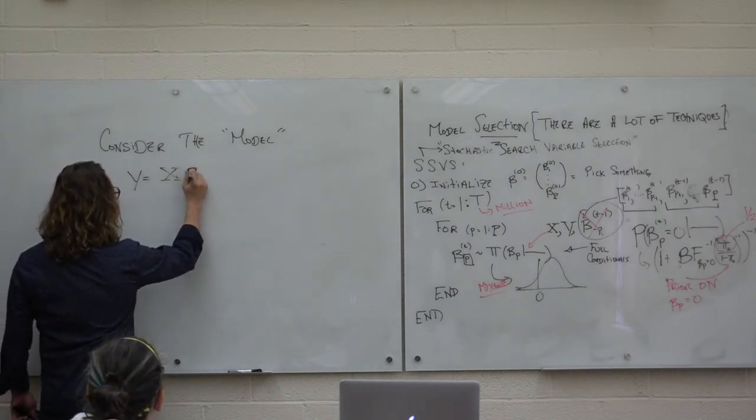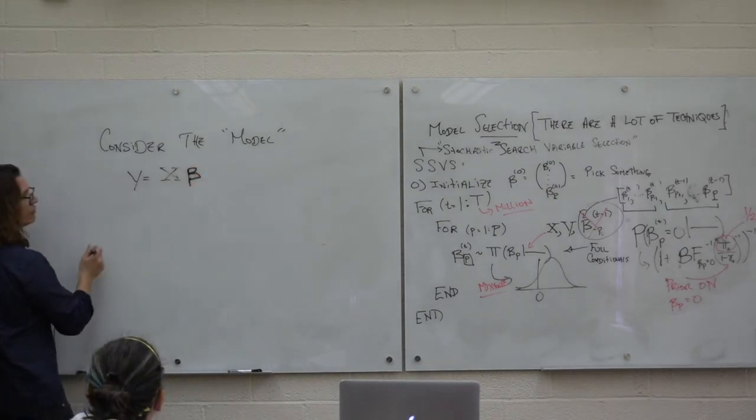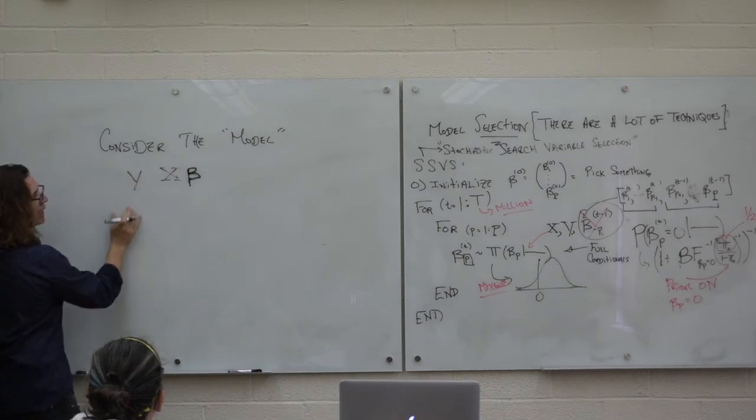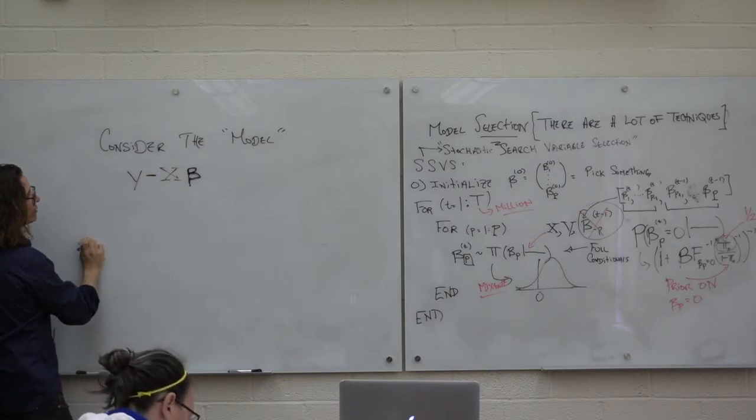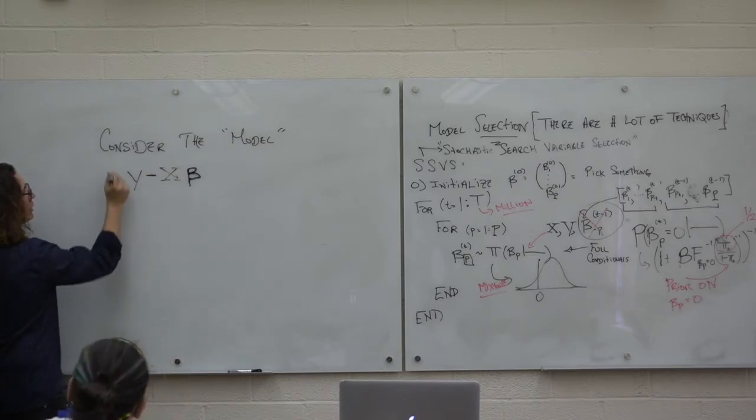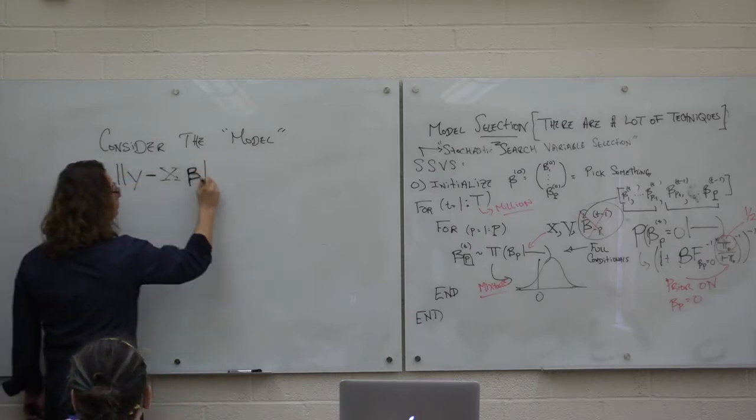Instead of looking at y is equal to x beta, you might look at the difference between these two things, and you might try to place some sort of a norm on it.